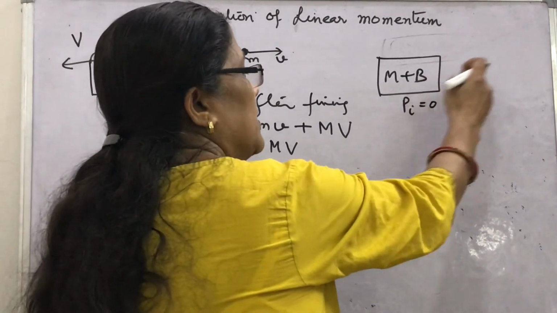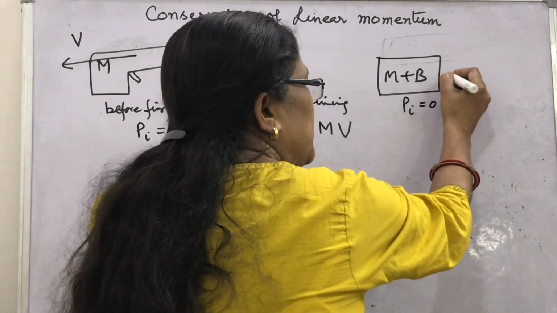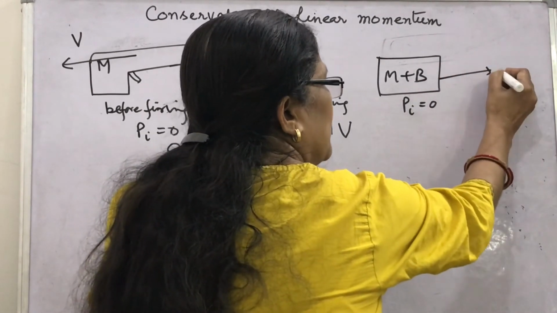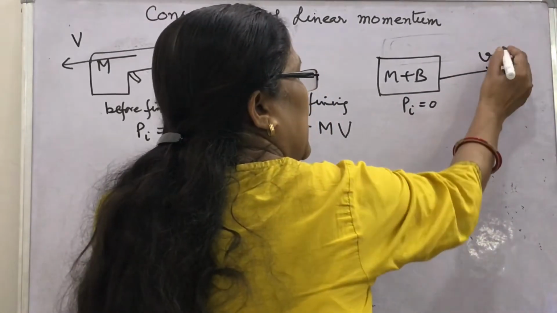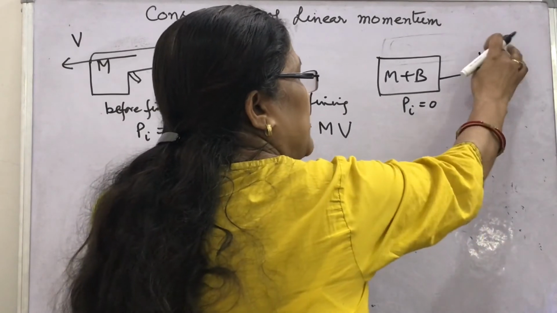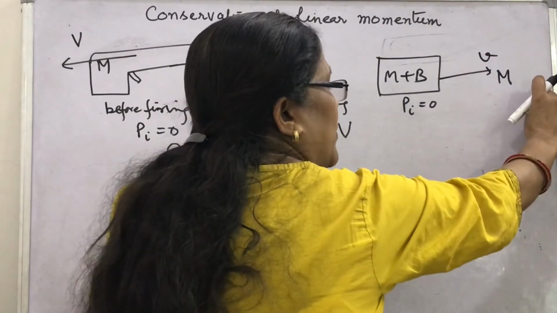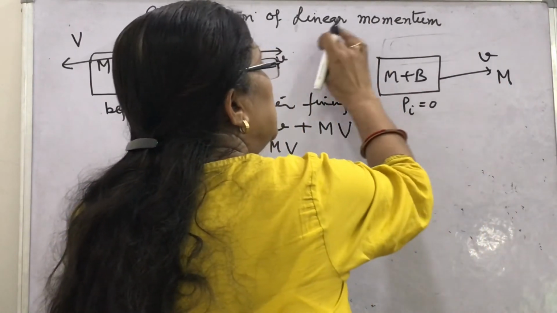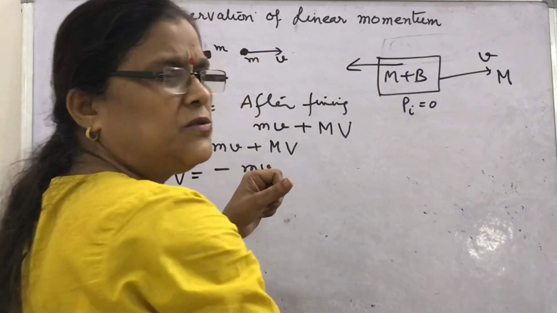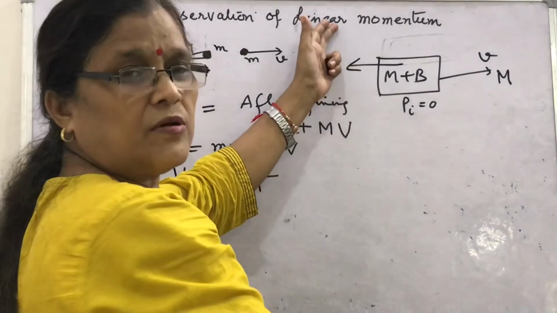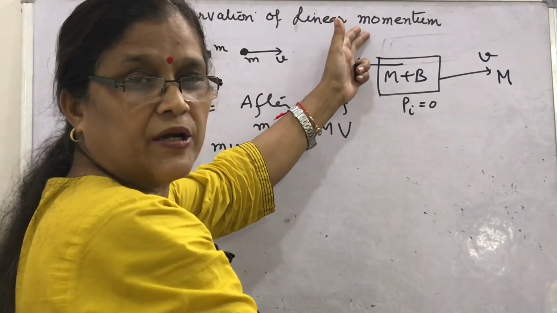Whenever the man pushes the boat to move forward with certain velocity, then what happens? To conserve the momentum which he gets in the forward direction, the boat moves backward. So these are the examples of conservation of linear momentum.